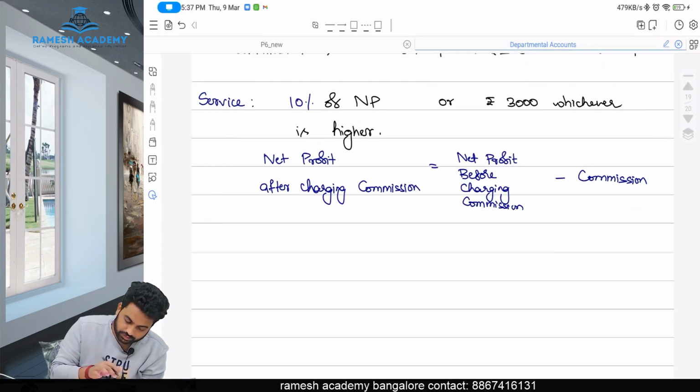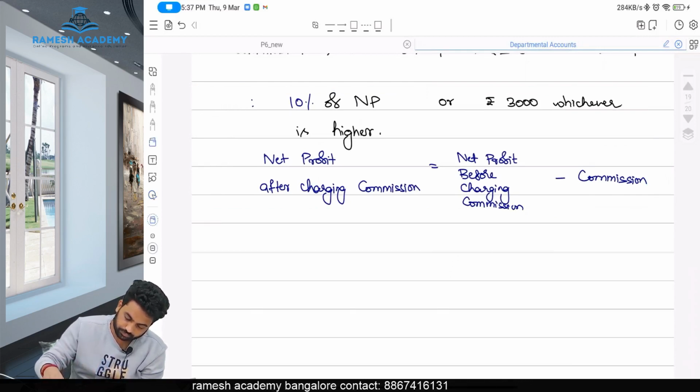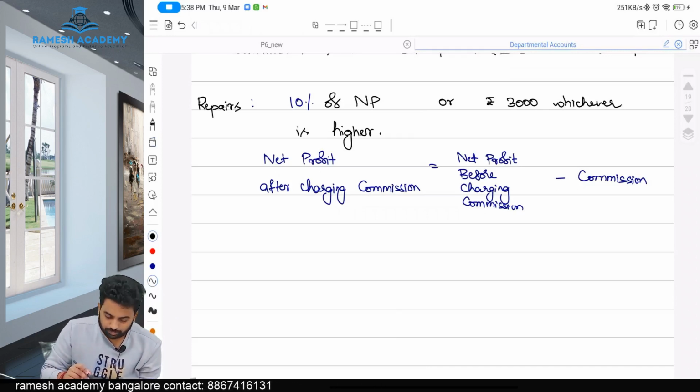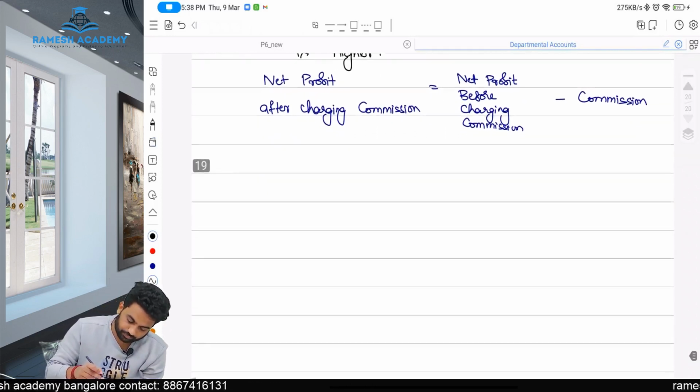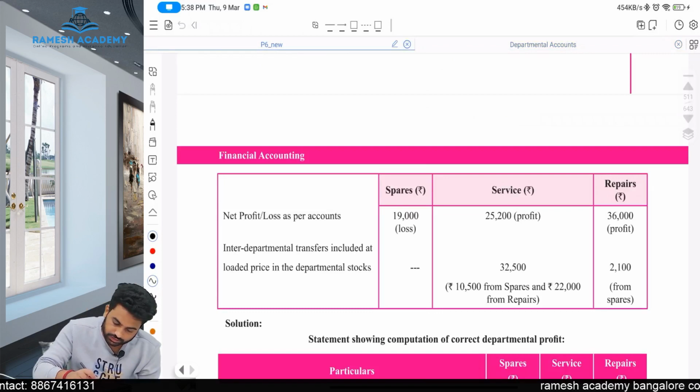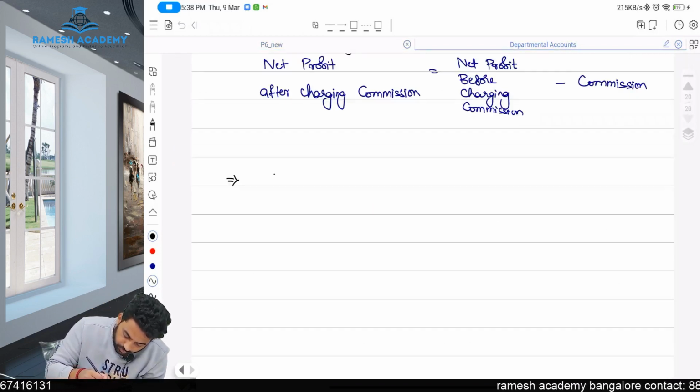So after service, it's repairs. How much is the net profit after this one? Rupees 36,000.